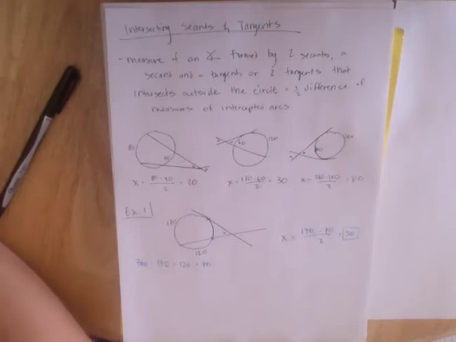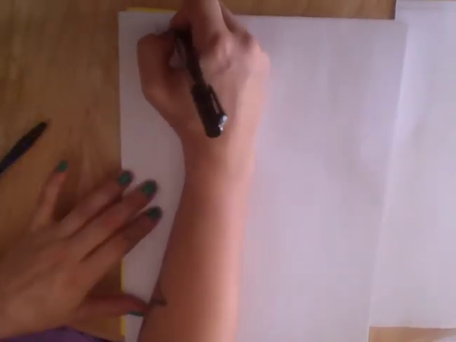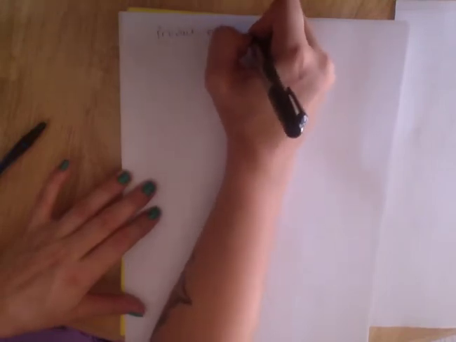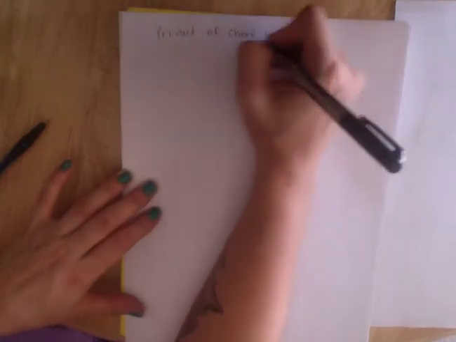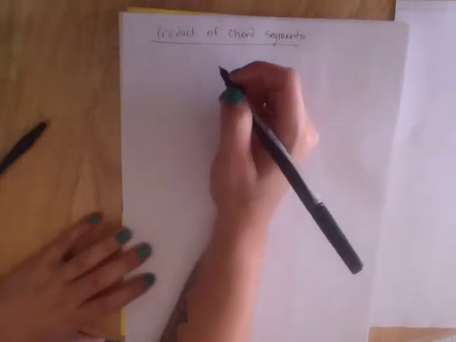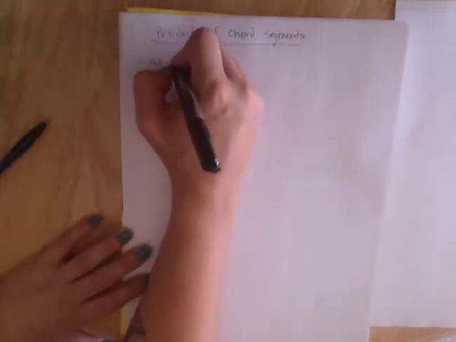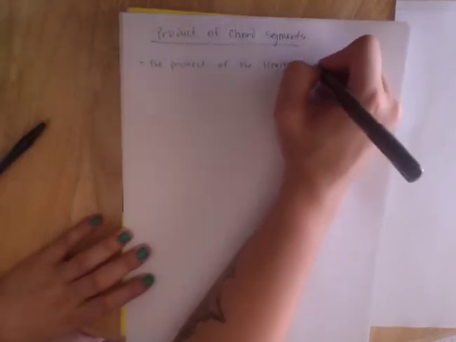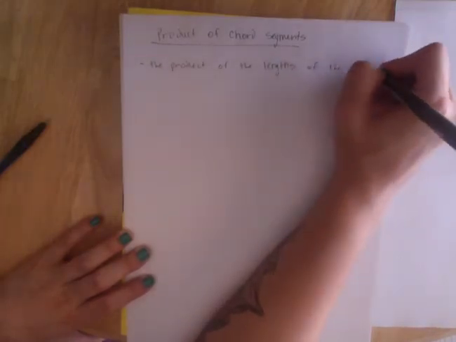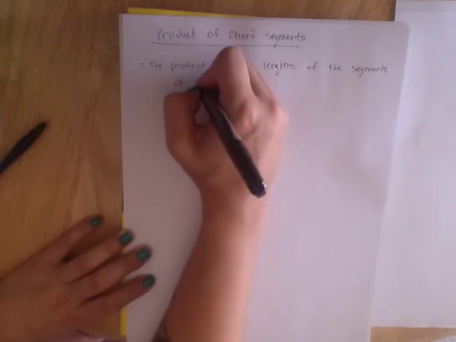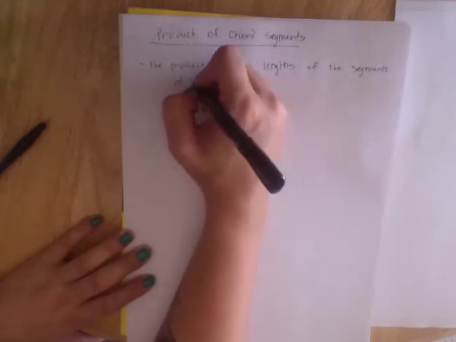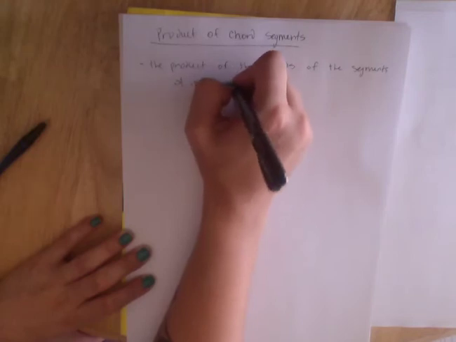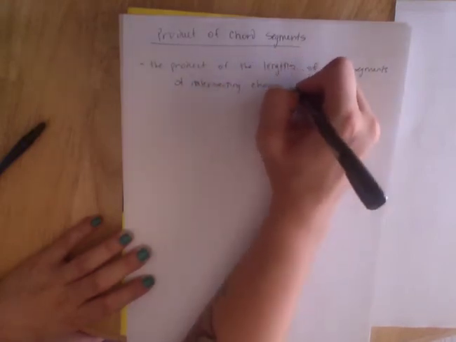All right, let's talk about the product of chord segments. The product of the lengths of the segments of intersecting chords, they are equal.